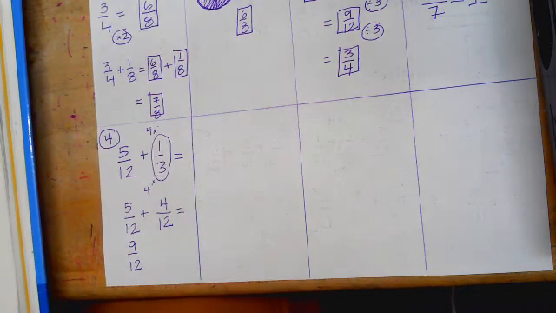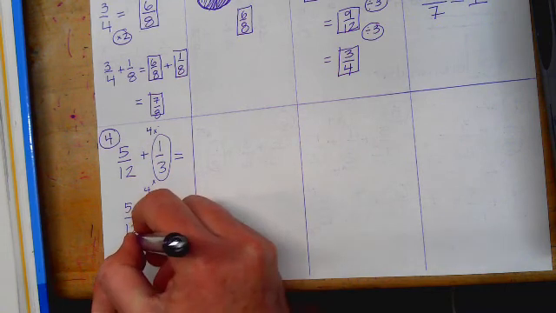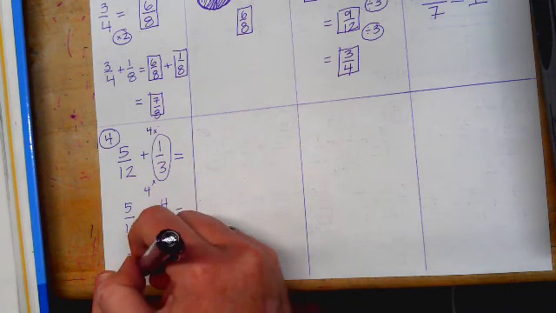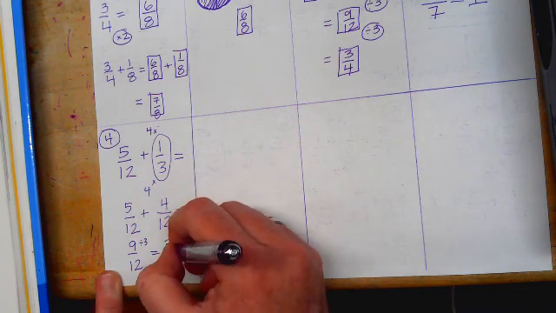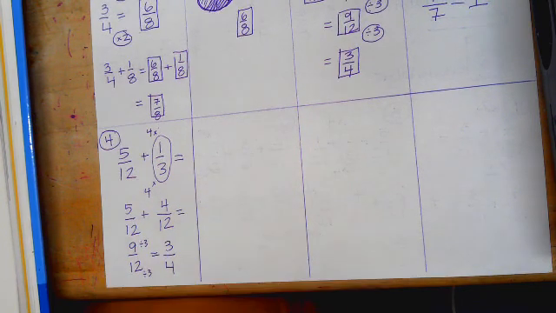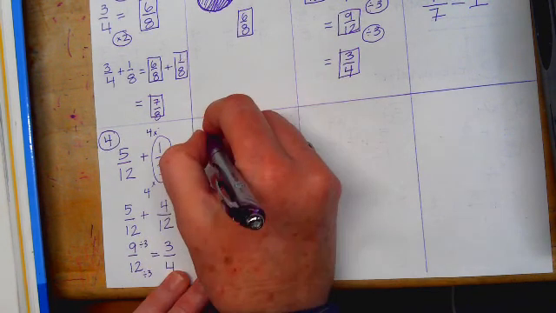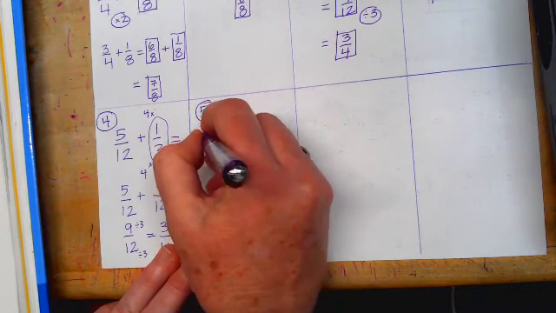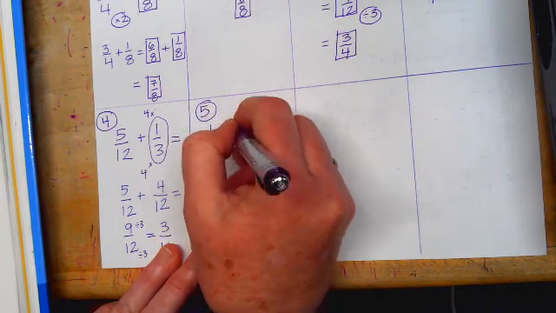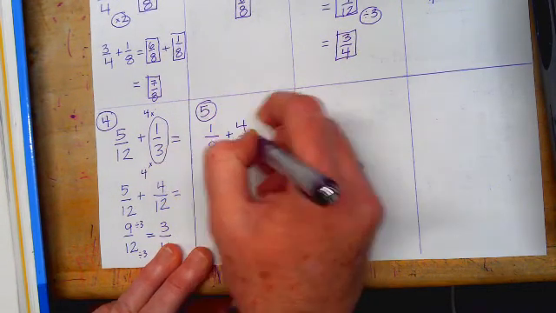So I'm going to take 5 twelfths plus 4 twelfths equals 9 twelfths. Now I can simplify that fraction. I just did it on number 2, and I got the exact same fraction. If I divide the top by 3 and the bottom by 3, that's going to give me 3/4, right? And that puts it in simplest form.